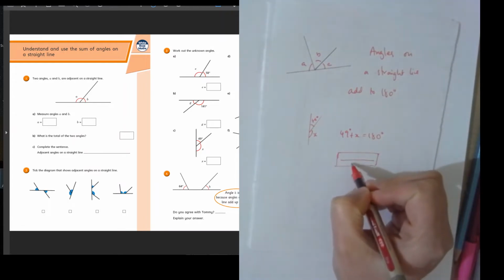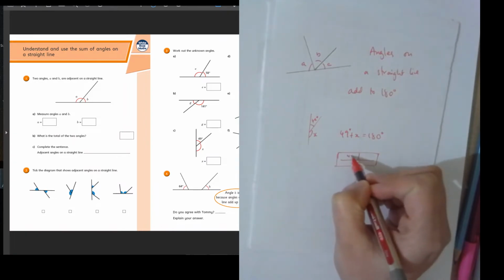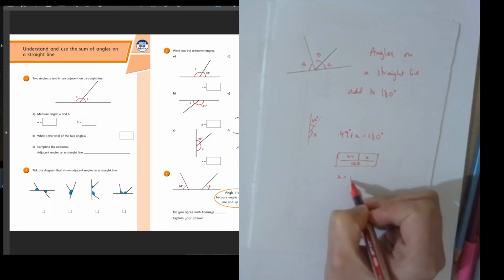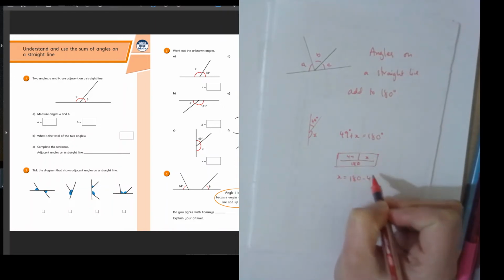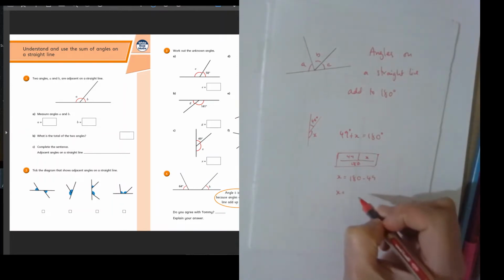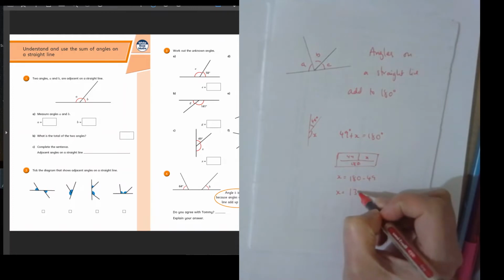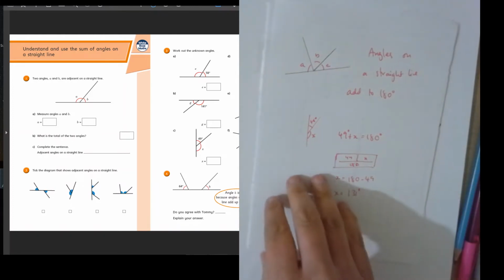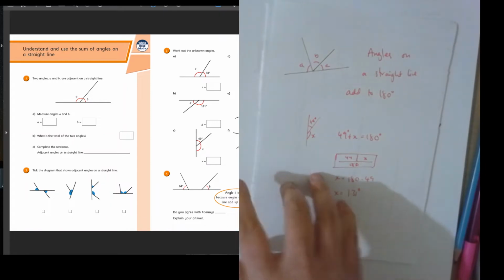So if this is 180 and this is 49 and that's X, then I know X is going to be 180, take away that 49 just by looking at that fact family. Okay, so X will equal 131 degrees.